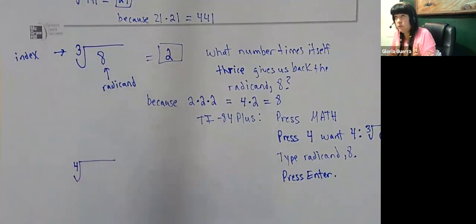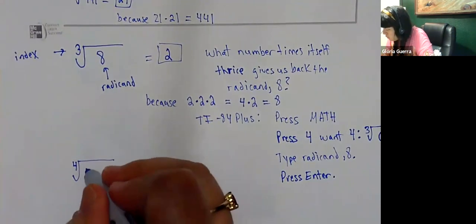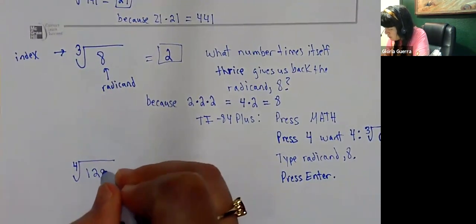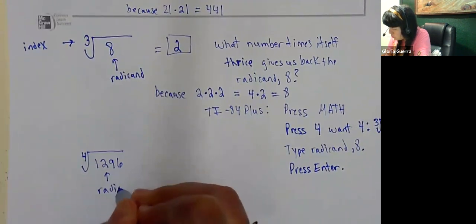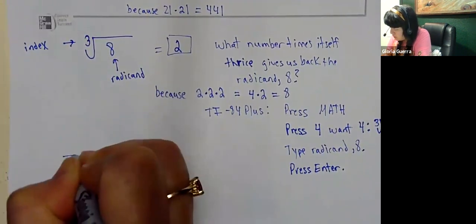Fourth root, let me think of one. Okay, let me do the fourth root of 1,296. So this is called the radicand. This is called the index.